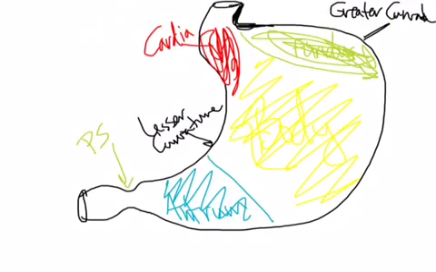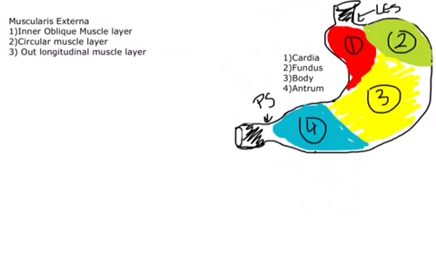So there's 3 different kinds of muscle layers in the stomach, in the muscularis externa. We have the inner oblique muscle, the circular muscle, and then the outer longitudinal muscle. Alright, so in the muscularis externa, the inner oblique muscle layer is the least complete layer.